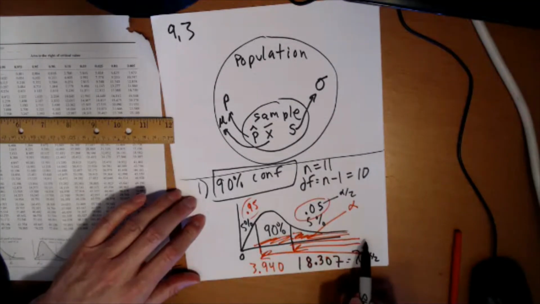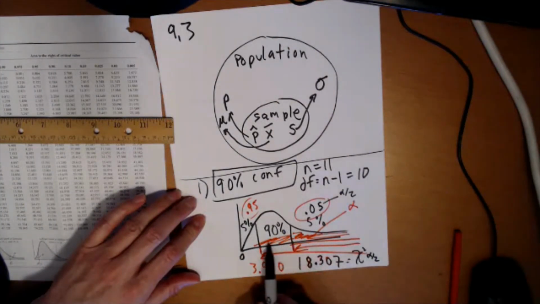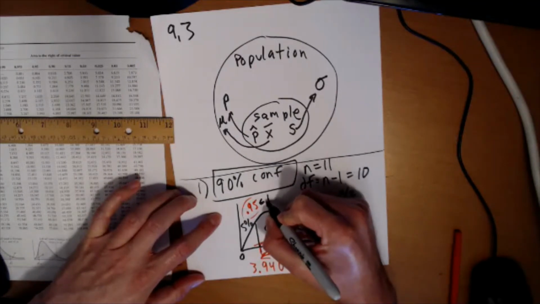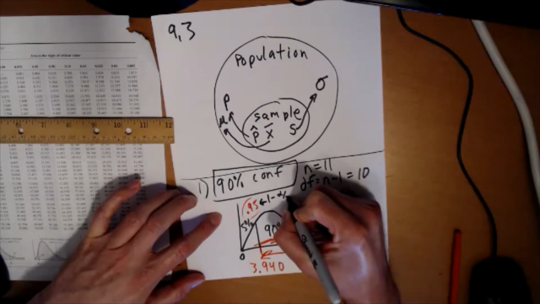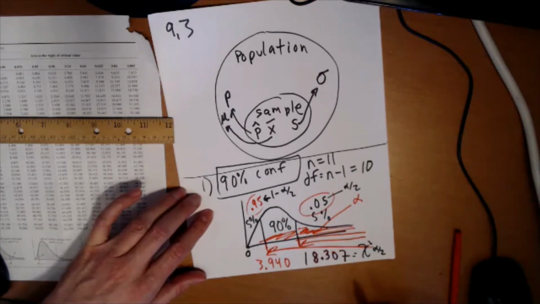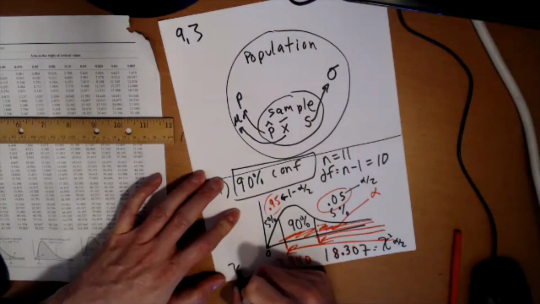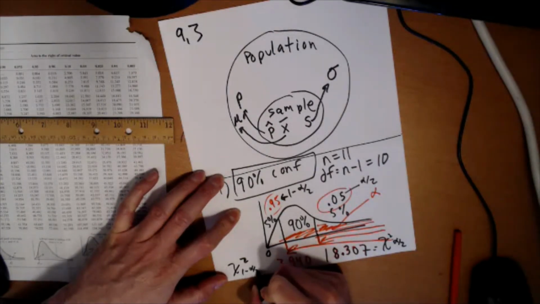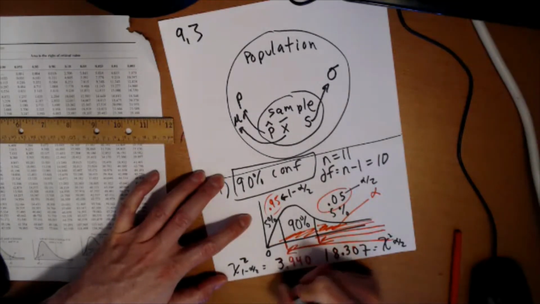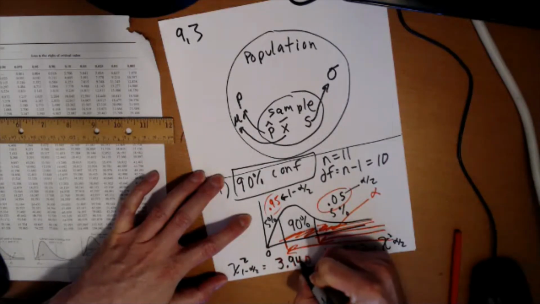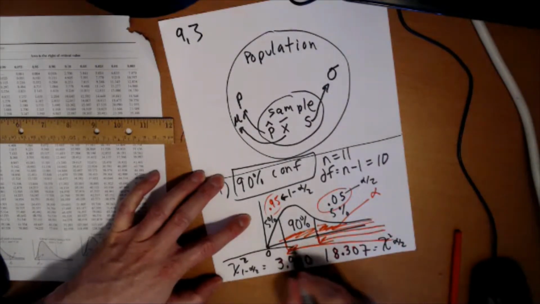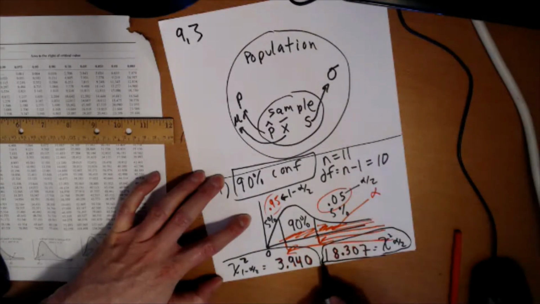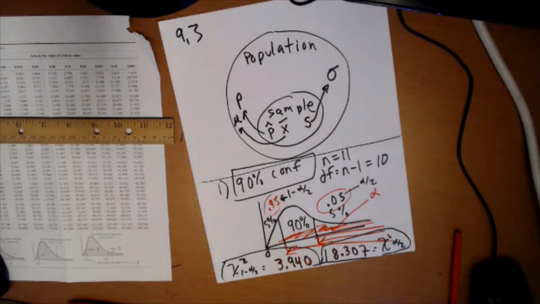And then when we went all the way over here, the 5 and the 90 giving us 95, that's technically our 1 minus alpha over 2. So our chi-squared of 1 minus alpha over 2 is equal to this 3.940. And those are our answers. I feel like I over-explained that. Okay, great.